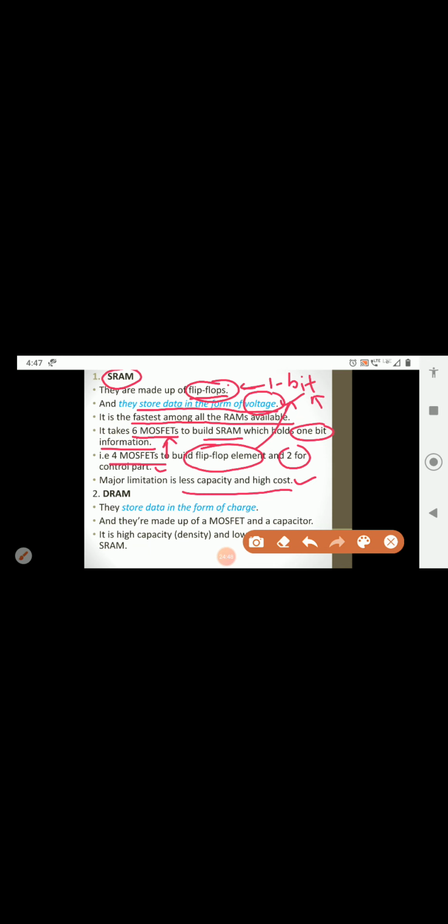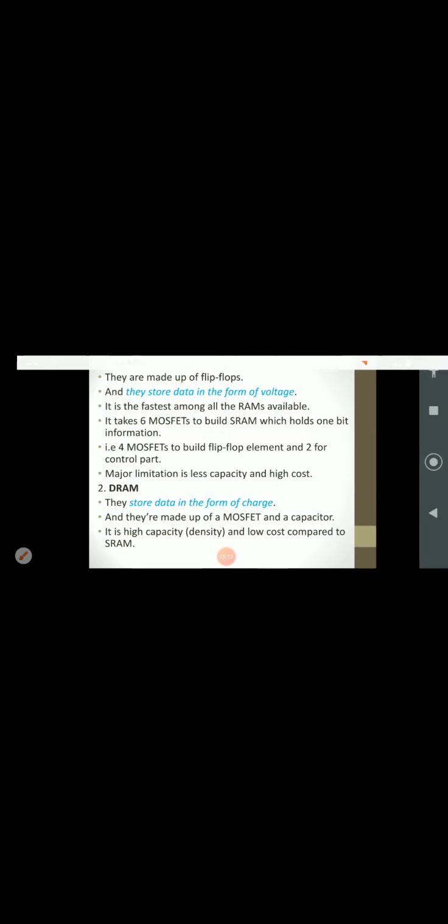That's why we can see it as less capacity. And since we are using more transistors here, MOSFETs meaning MOS field effect transistors, because of the less capacity, the cost is also more. That's why many programmers prefer DRAM over SRAM.